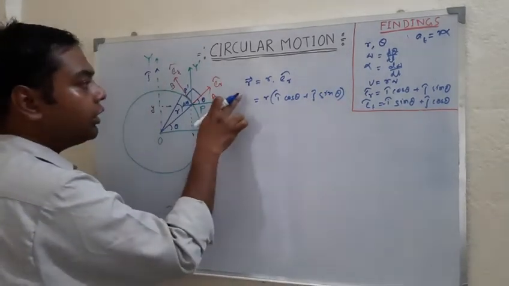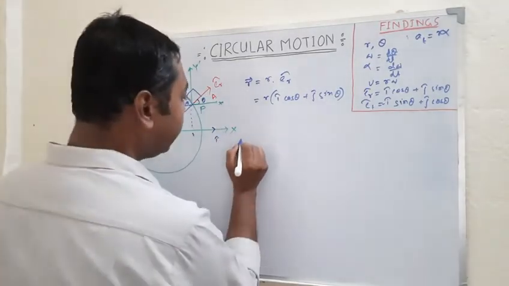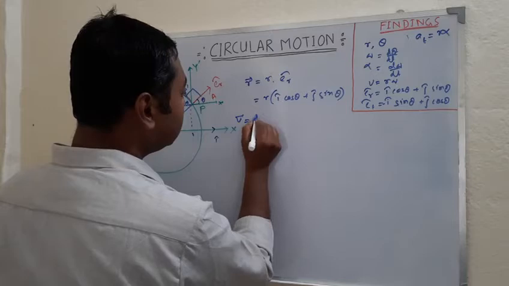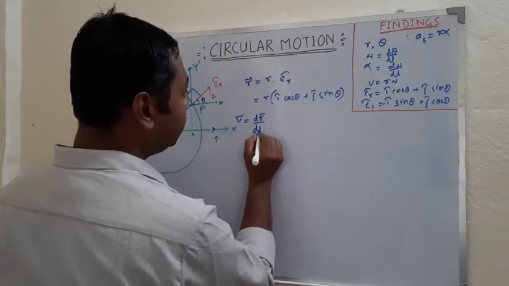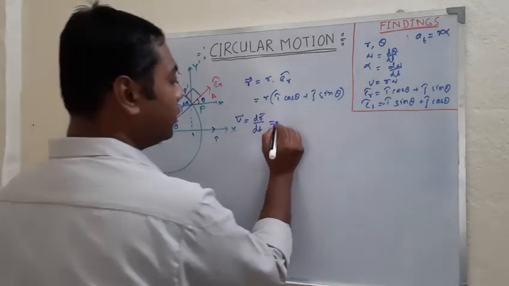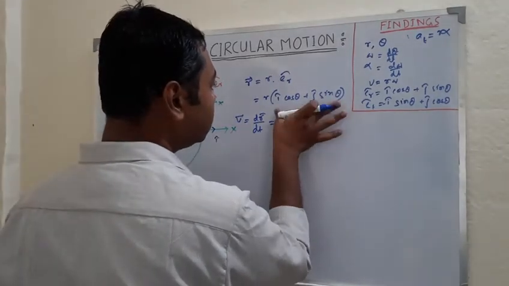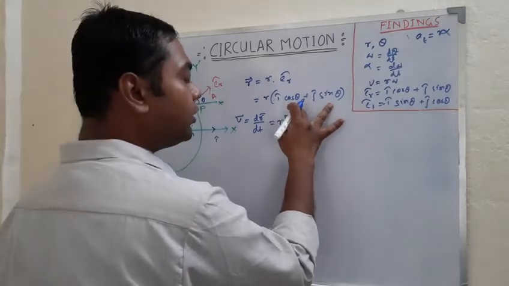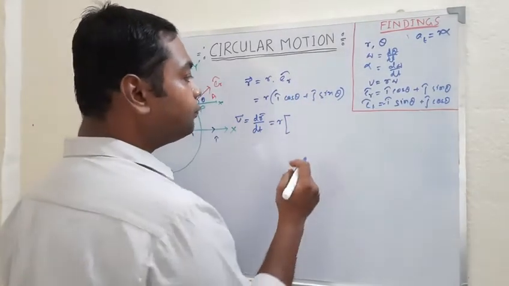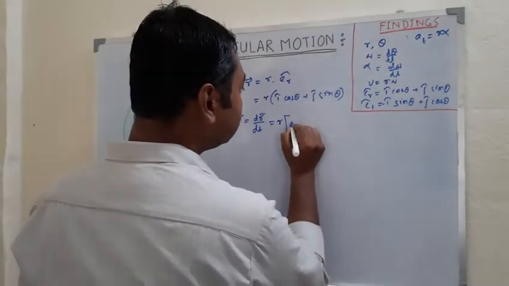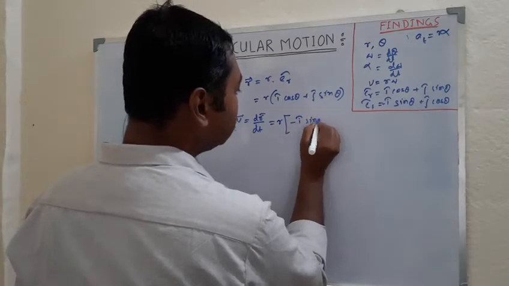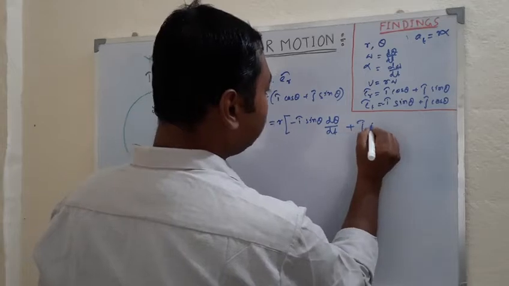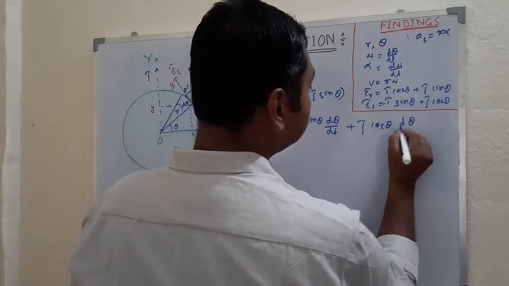If we differentiate r with respect to time, we get the linear velocity. R is constant here. We have to differentiate the unit vector term with respect to time, and this is a function of theta, so we get an additional d theta by dt term. So this is minus i sin theta d theta by dt plus j cap cos theta d theta by dt.